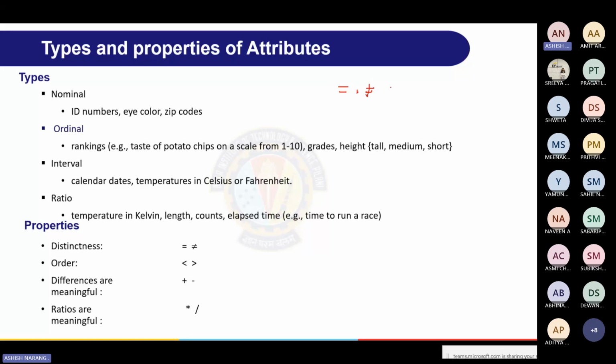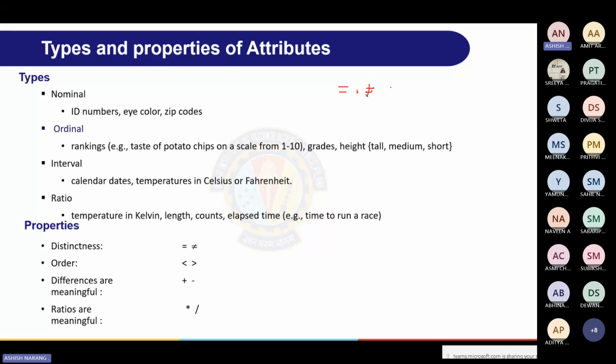The good examples are ID numbers, eye color, zip codes. These are all nominal attributes. So when I say ID numbers, you have your BITS IDs. Does it make sense to add two BITS IDs? No, right? Another category that comes is the ordinal attribute. Ordinal are again categorical in nature, but they have some order.